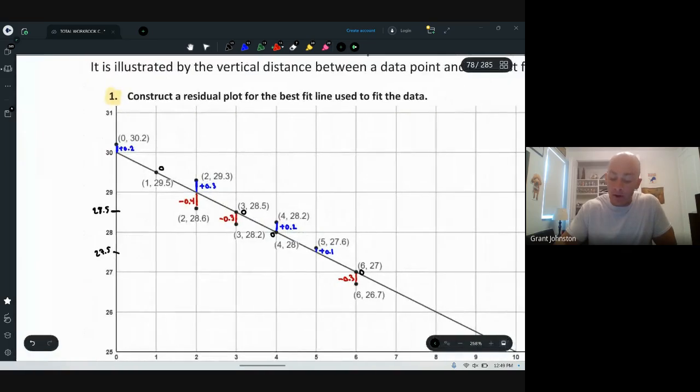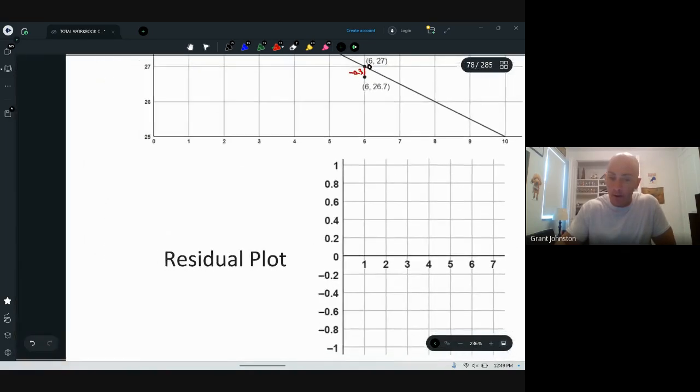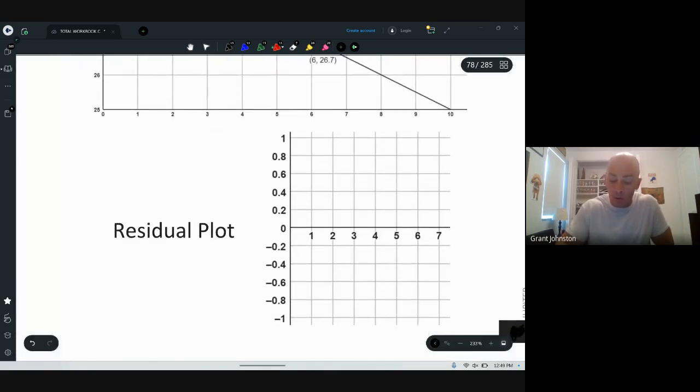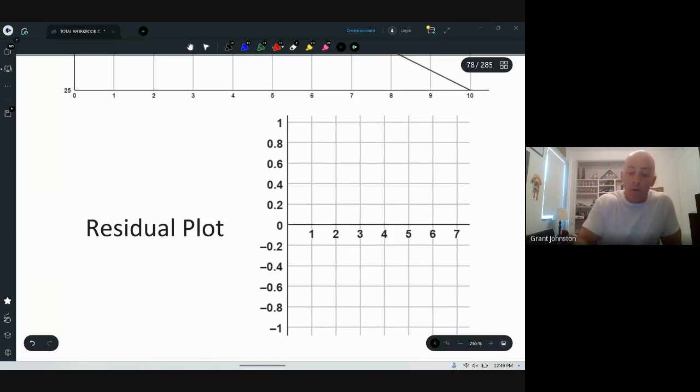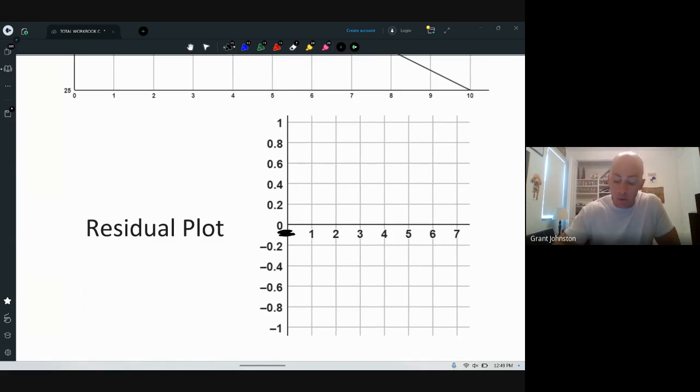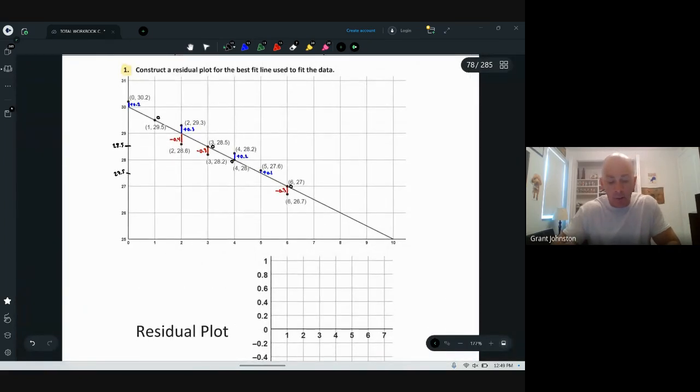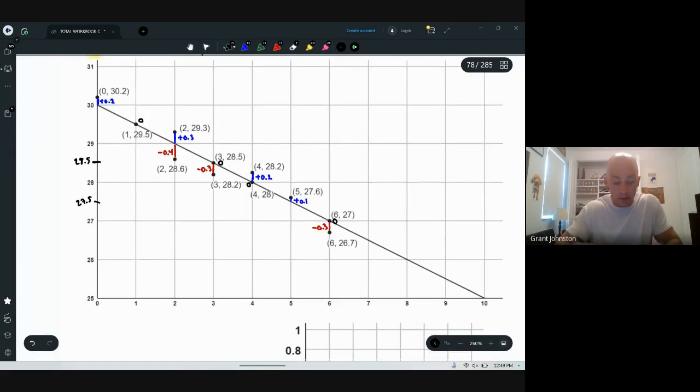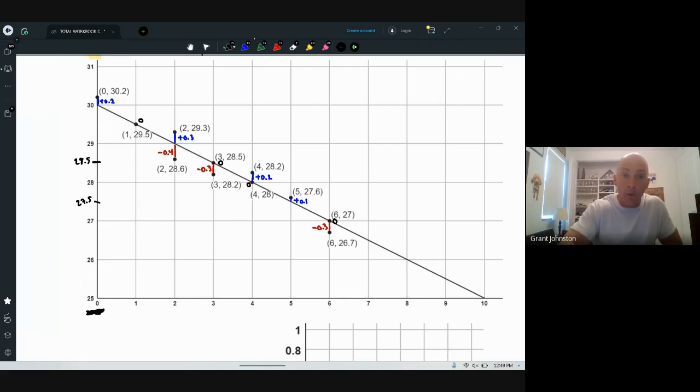As we do a residual plot, I'm going to have to re-reference these residuals, and I'm going to do a bit of scrolling up and down. If we look at when x is 0, what was the residual? Do we even have data for that? We do. When x is 0, that residual was 0.2 up here. How do I hit undo? I don't know.